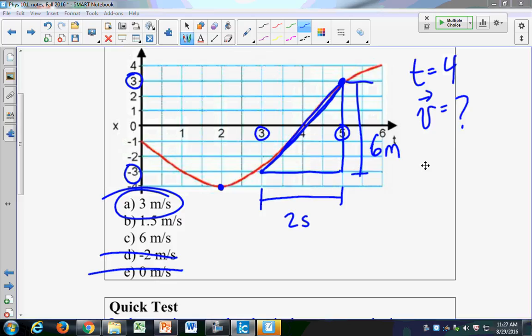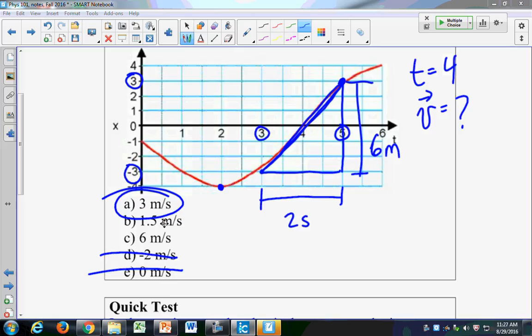It would be negative. I don't know if it is negative 2. It looks pretty close to 2, but so often on tests, you can just look at the answers and figure out which of these are incorrect because they're negative or they're 0 or a number of other reasons.